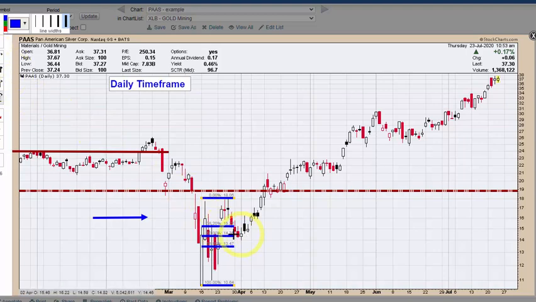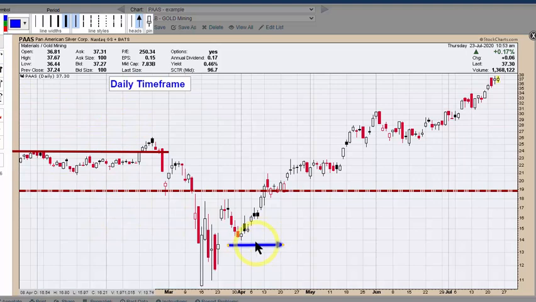So you've identified a place where you want to give it a try on the long side. Okay, you with me? So here's your stop. You got your 50% retracement. You place your stop a little bit below the low at a place where you say, you know what?